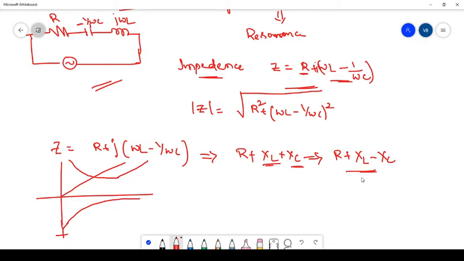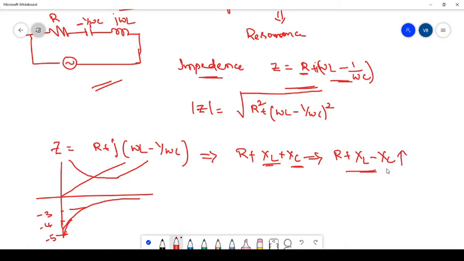So now observe here, starting from the maximum negative value, the XC value decreases to 0. Let us take minus 5, next minus 4, next minus 3. These values are decremented in magnitude, but they have a negative sign, so nothing but the XC value is increasing here.